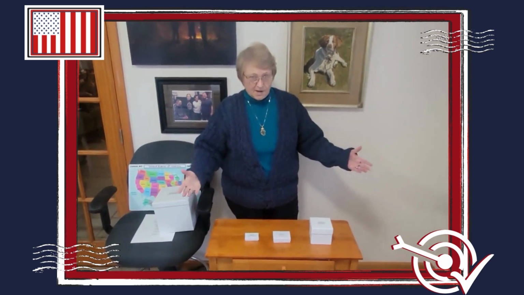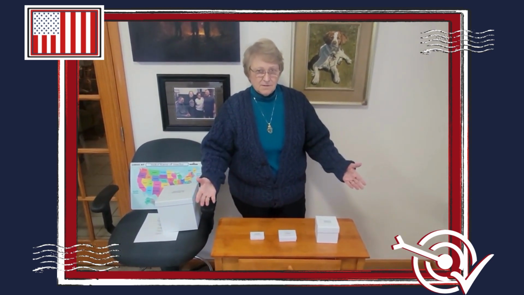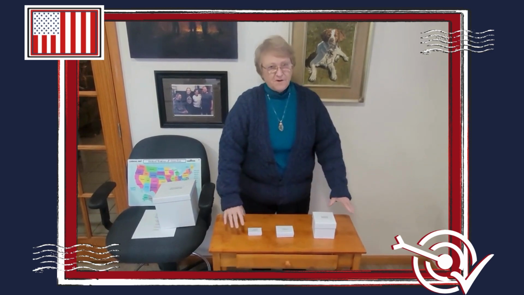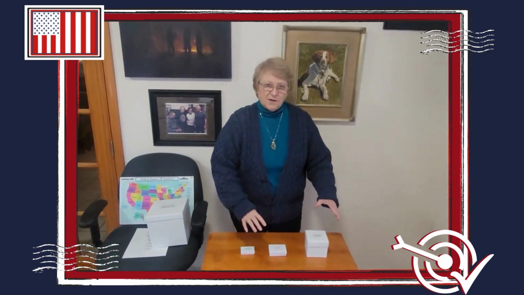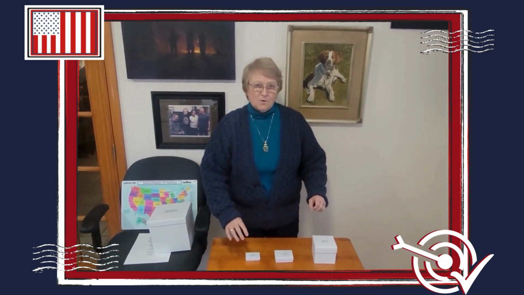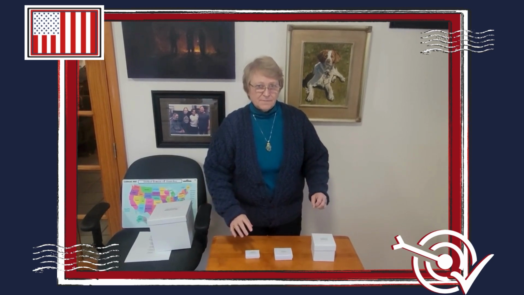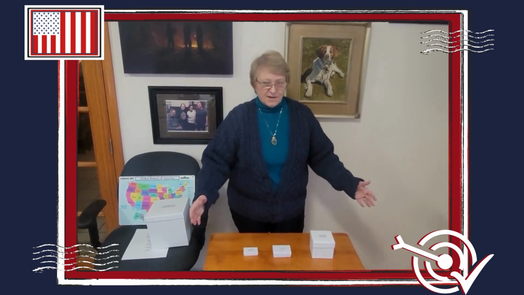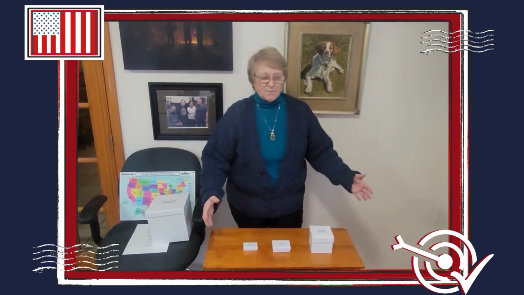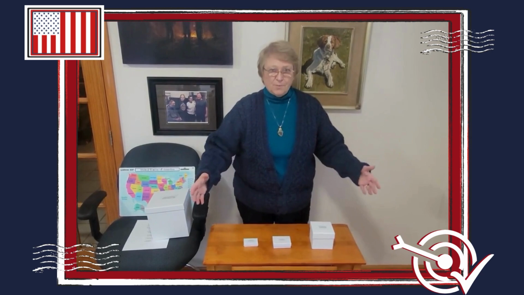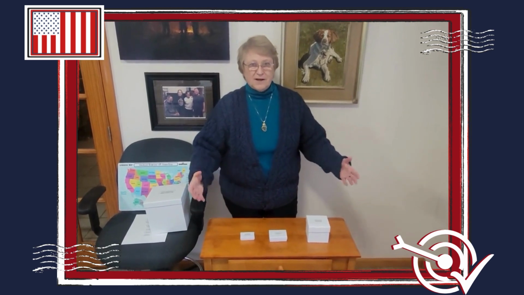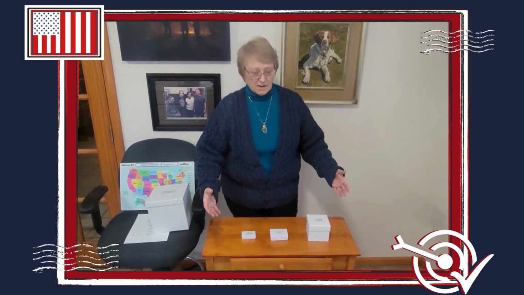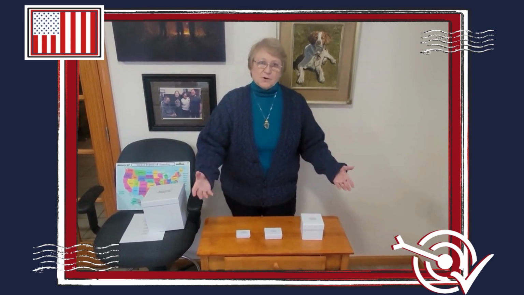Now, you may not realize this, but all three of these federal entities are a result of the treaties that ended the War of Independence. After the hostilities ended and everybody sat down at the peace table and made a peace treaty with each one of the entities that were engaged in the War of Independence, certain deals were cut.